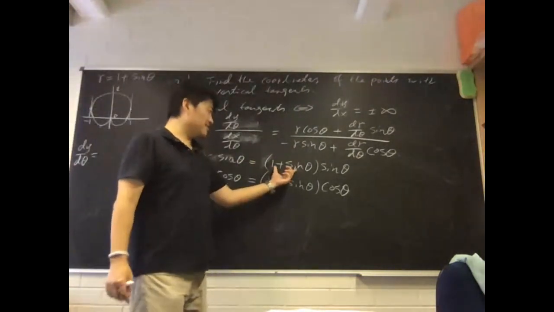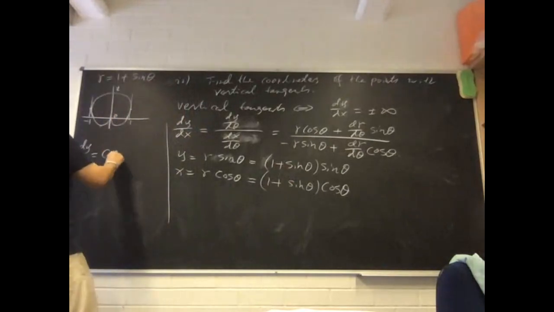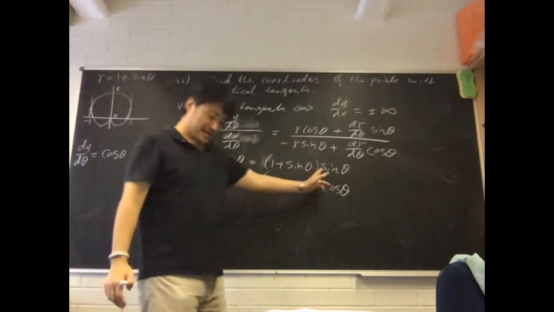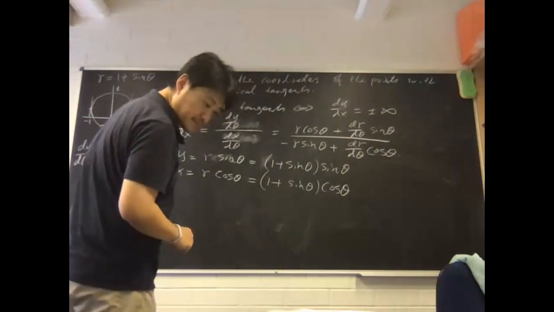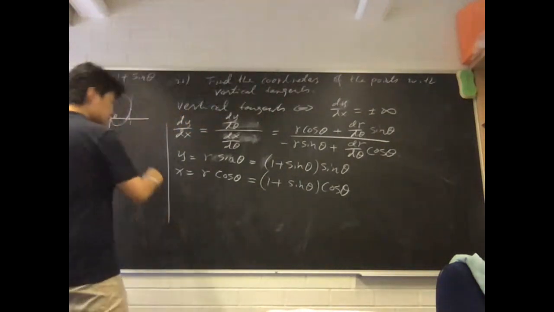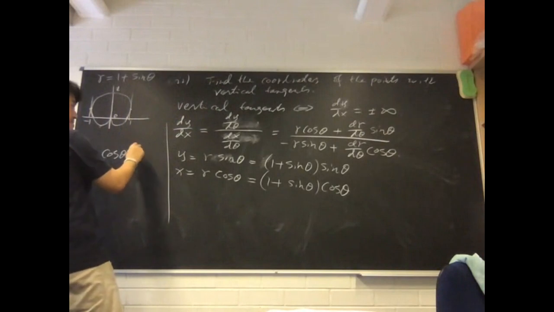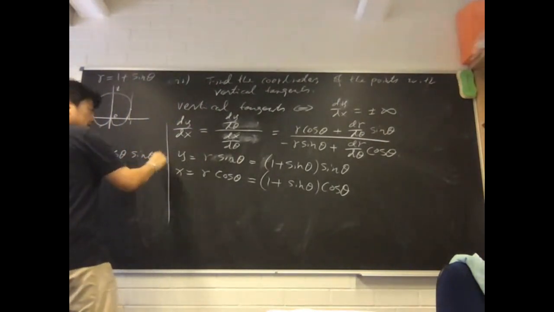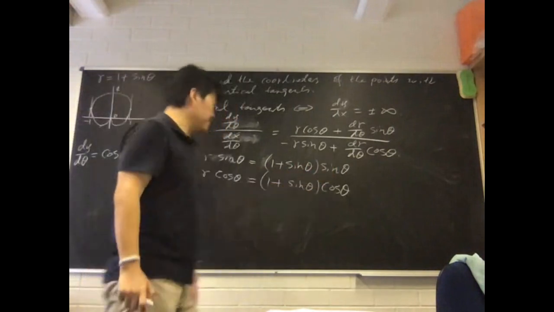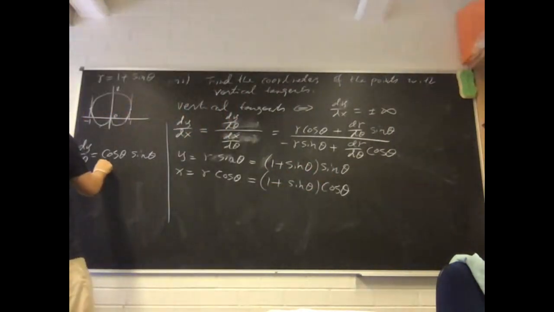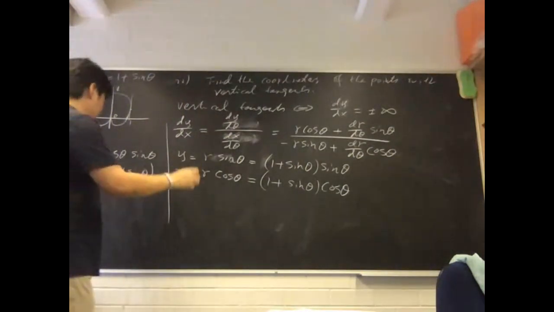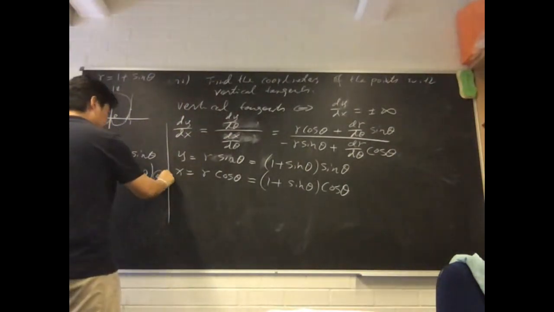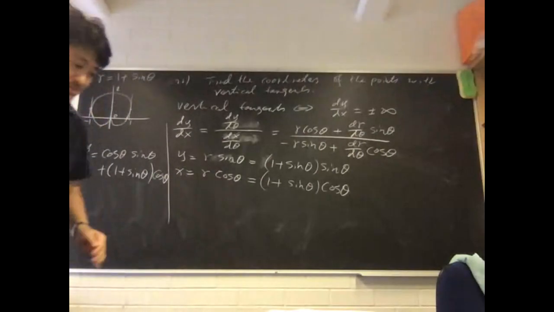So the derivative of the first, which is cosine theta, times the second, sine theta, plus the first times the derivative of the second. So plus 1 plus sine theta times cosine theta. Got it?